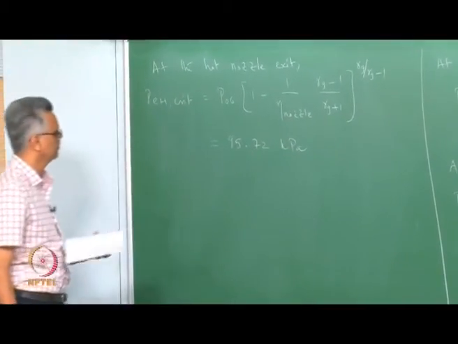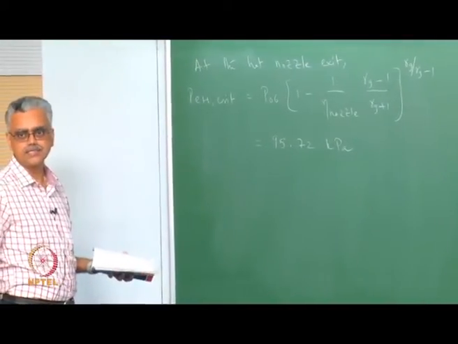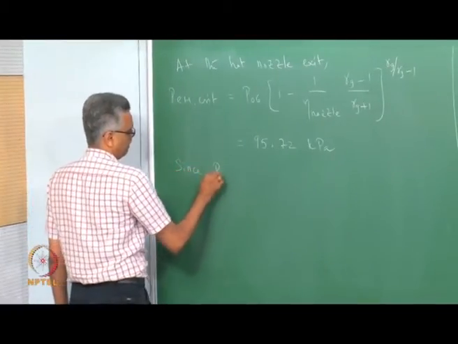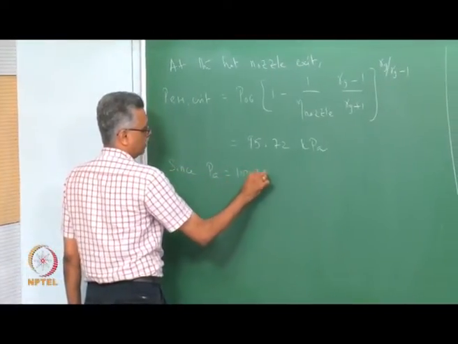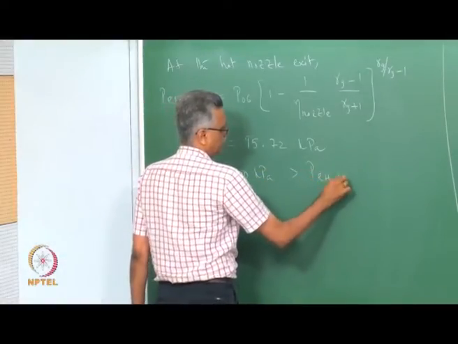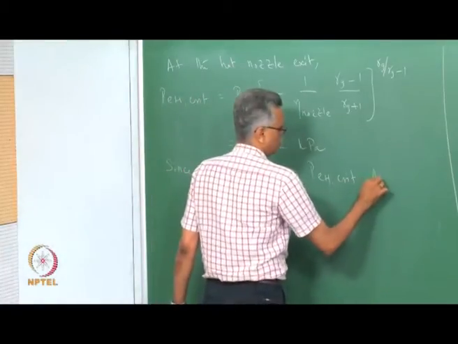kilopascal and the ambient pressure is 100 kilopascal. Remember, the engine is on a static thrust stand. Since the ambient pressure PA, which is equal to 100 kilopascal, is greater than the PEH critical for the hot nozzle, the hot nozzle is also not choked.